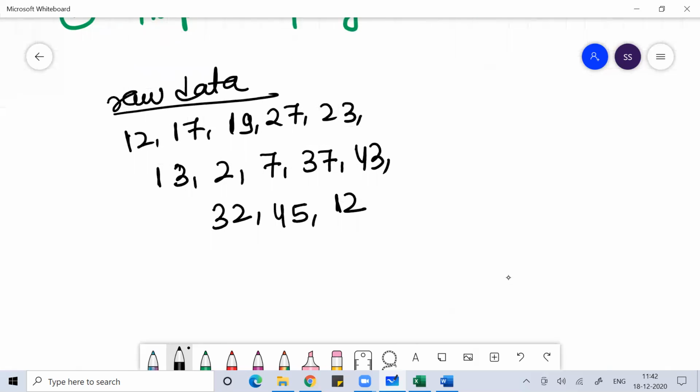Suppose you have data like this, it is called raw data. How many data are there? 1, 2, 3, 4, 5, 6, 7, 8, 9, 10, 11, 12, 13. So you have 13 data.